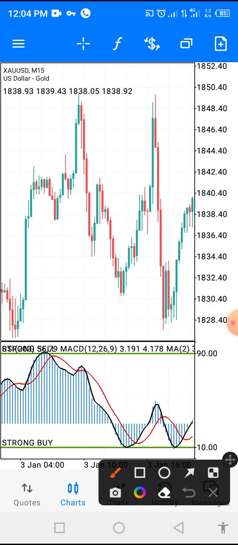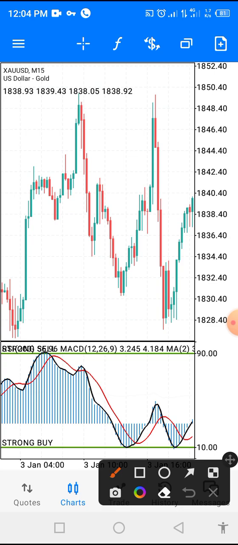And as you can see, the market is down. So whenever the market is down, the moving average and the MACD will come down to this 10, this strong buy level under here. So whenever you see the MACD at this 10, you wait to get your signal.